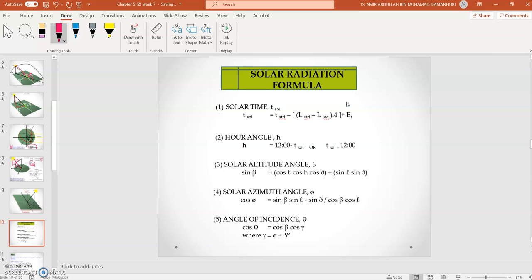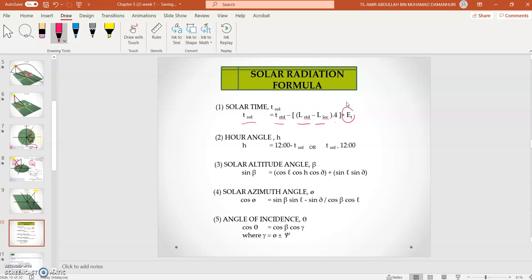Alright, so this is the formula that we are using until the angle of incidence. So the formula of solar time is the same as the previous one, which is T sol is equal to T standard, L standard minus L location times 4 plus ET, the equation of time. So the time standard, either we want to find T sol or T standard, and then the L standard will be constant, right?